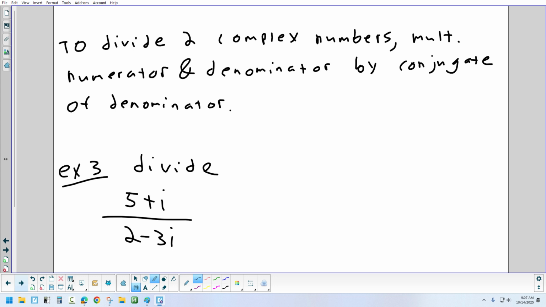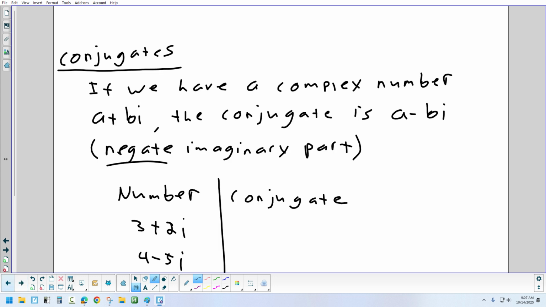Like that. Can't leave the i where it is. So we're going to use what's called a conjugate. So the conjugate of a complex number is when you change the sign or negate the imaginary part. You don't do anything to the real part. Keep that exactly the same.